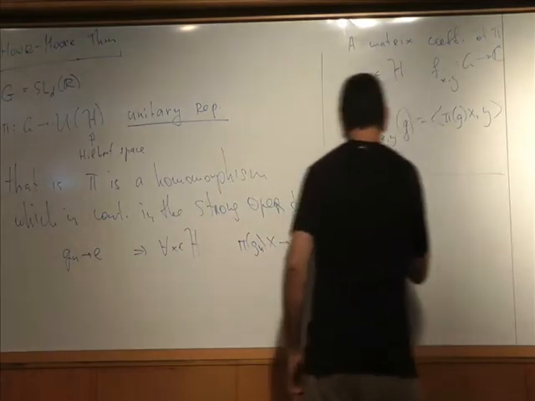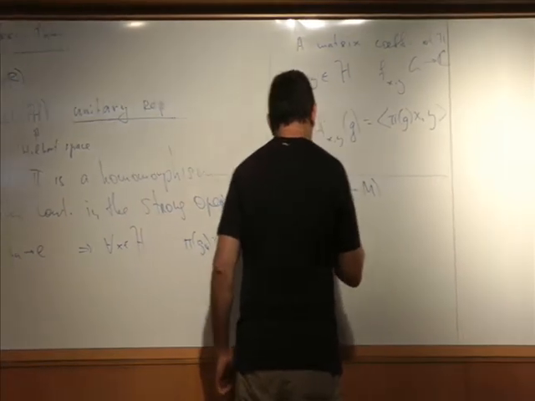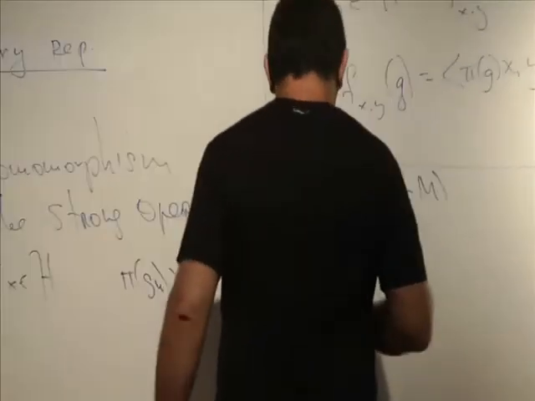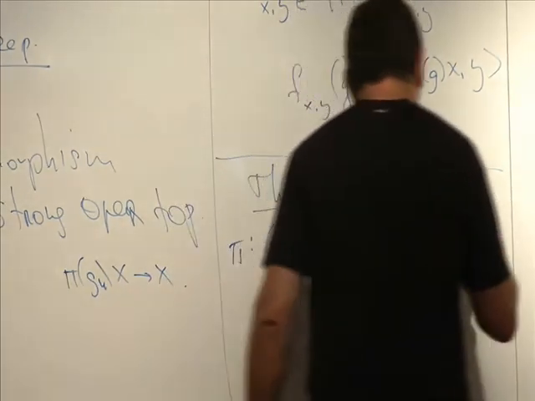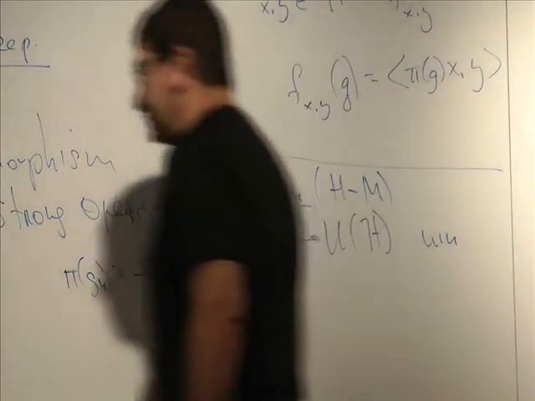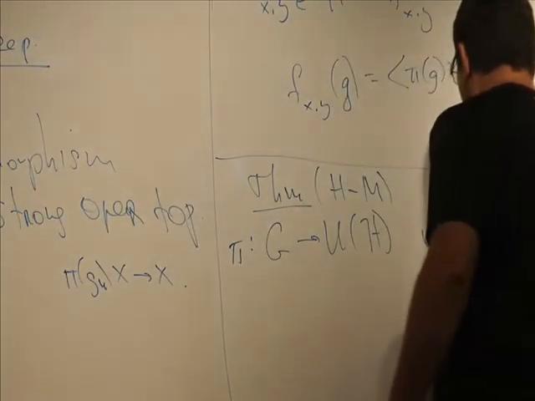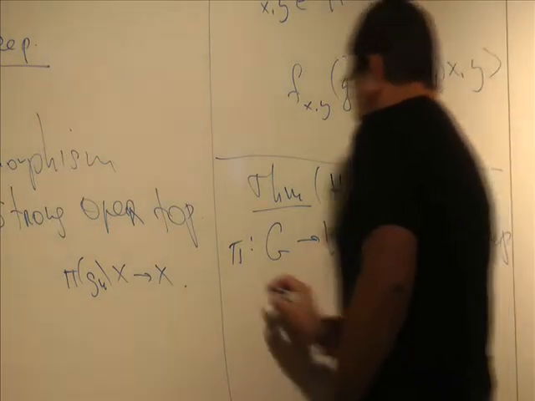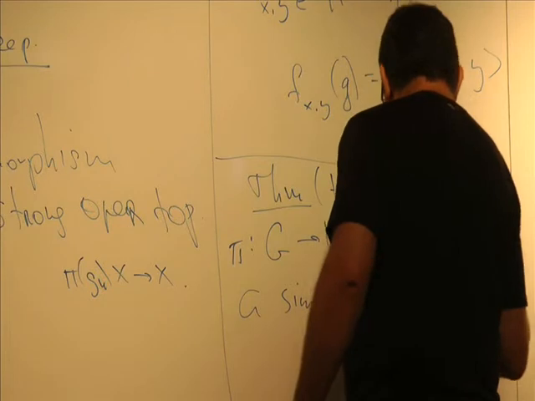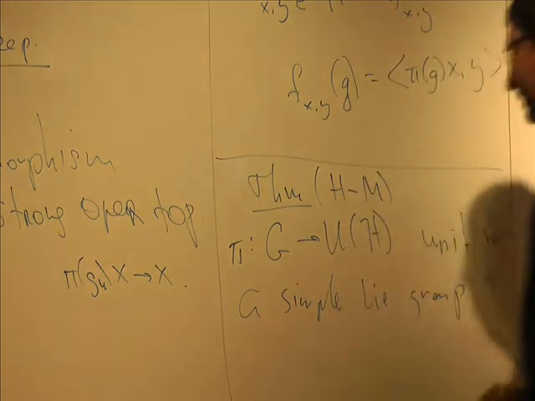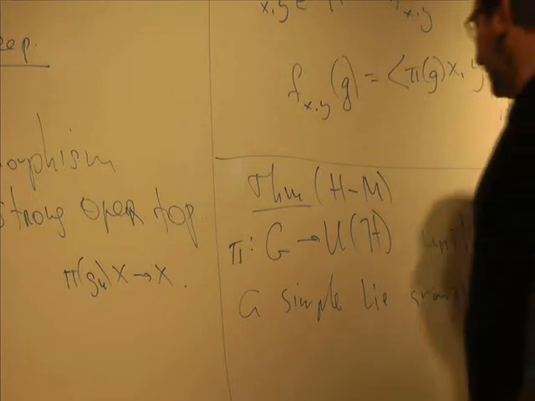Okay, and here is this theorem. It says that if pi is a unitary representation, and G is, let's say, a simple Lie group. And by this I mean something like SL_2(R).